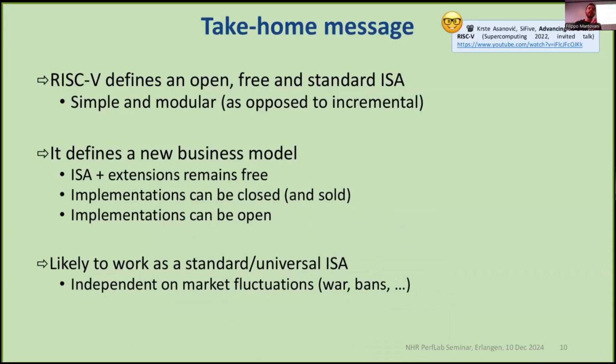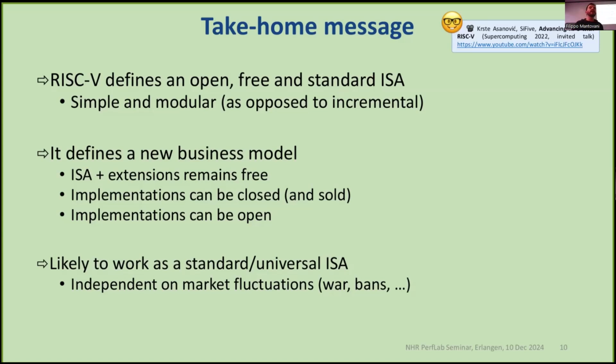Okay, so the take-home message from this high-level point of view: RISC-V defines an open source free standard ISA, which is simple and modular. It defines, well, not a new business model, more like it extends a little bit the business model that we have today. So we don't have to go with just one provider like in the case of Intel, or just one provider partnership like in the case of ARM.